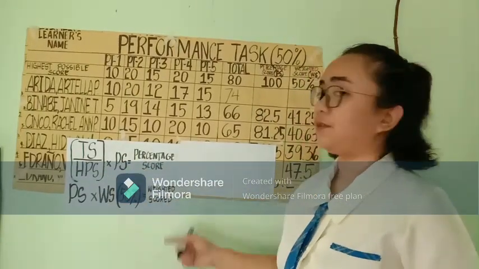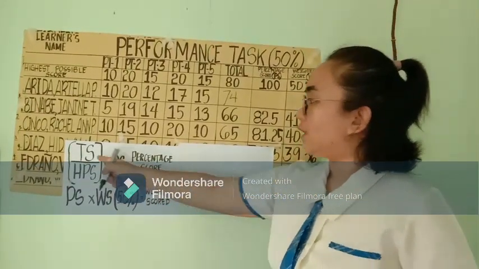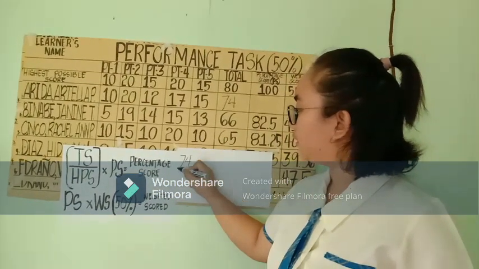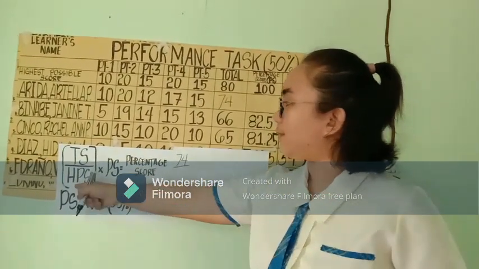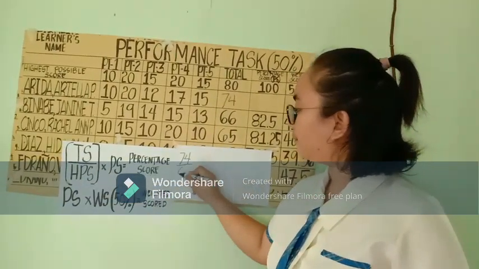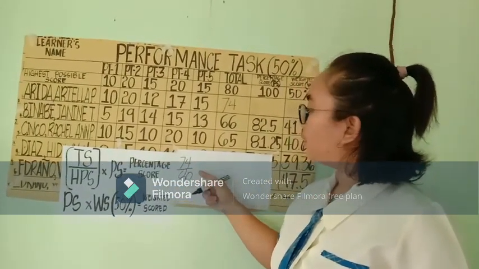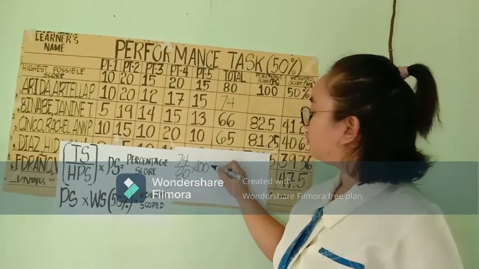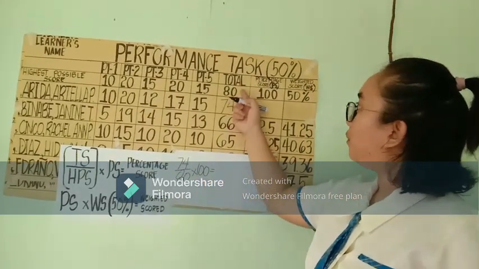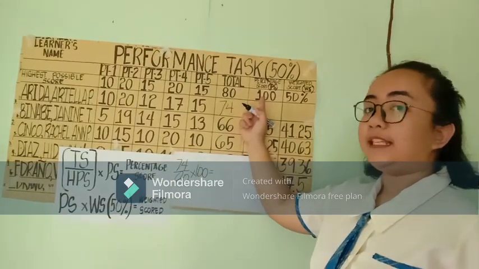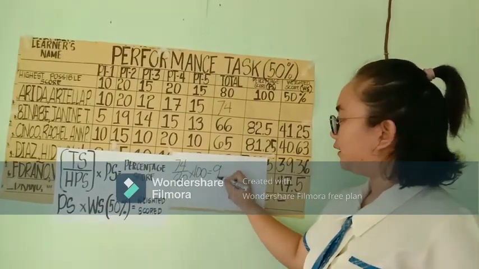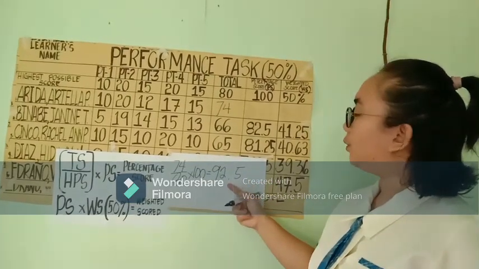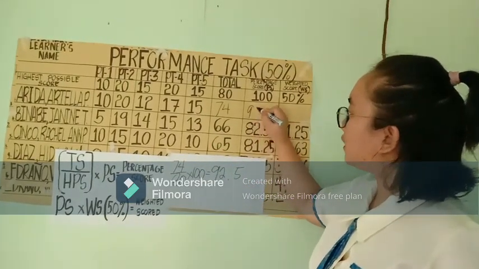This is the formula: the total score, which is 74, divided by the highest possible score, which is 80, multiplied by 100, and that is 92.5. 92.5 is your percentage score.